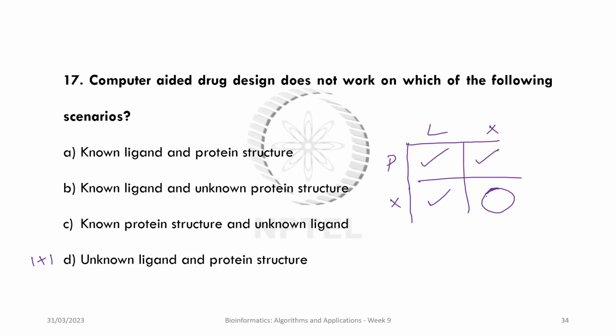You're going against a lot of assumptions and variables. When you don't know what protein you're targeting, and you don't know what structure you're trying to bind with using a ligand, it's a really blind approach.